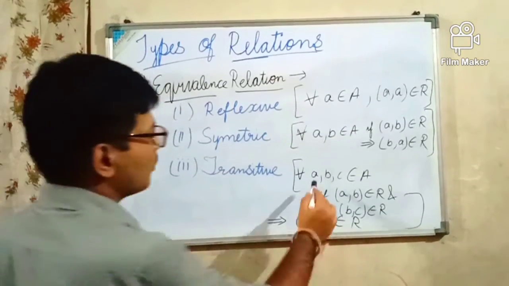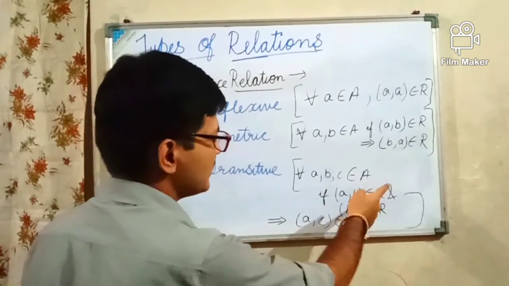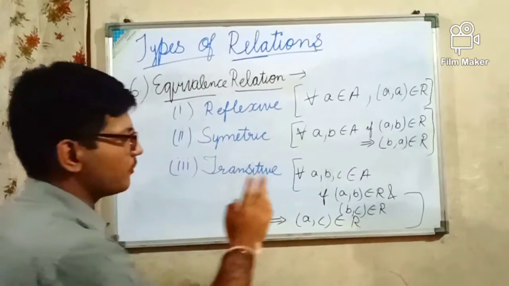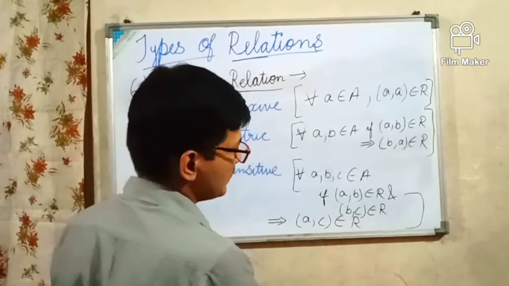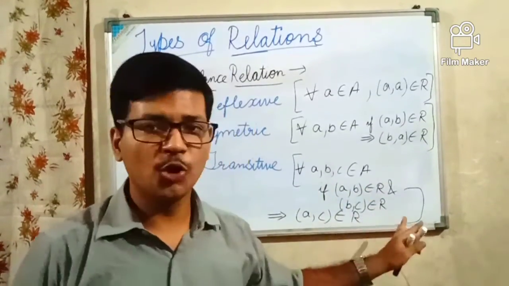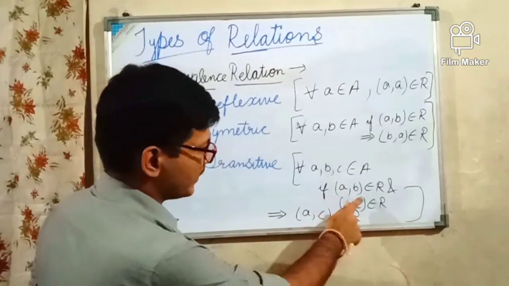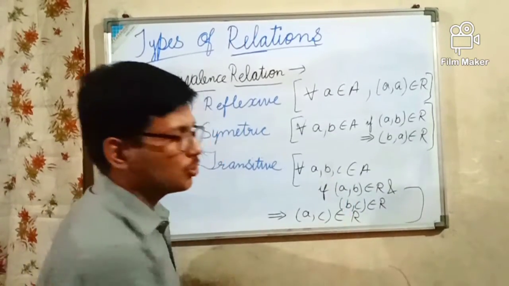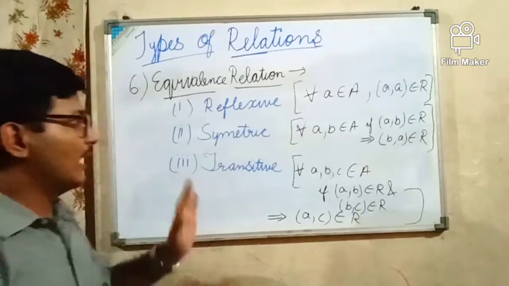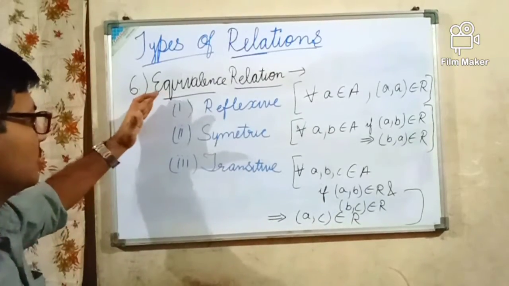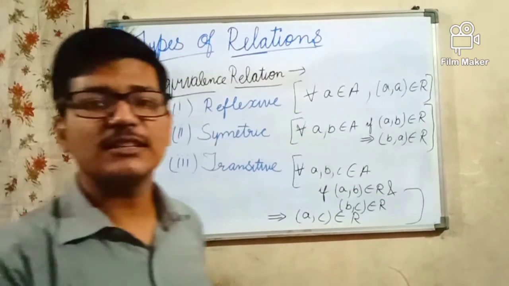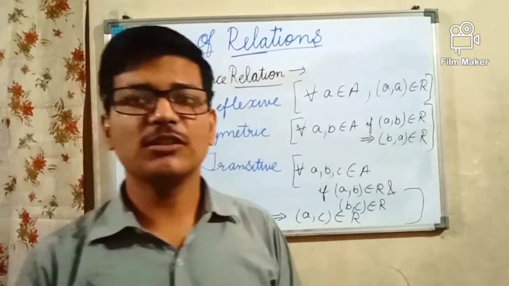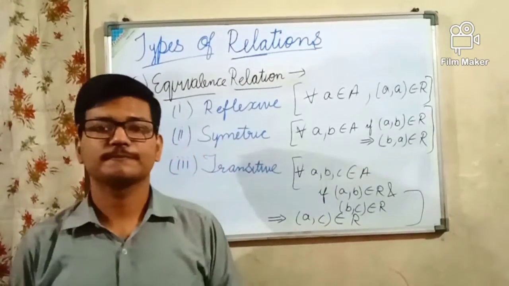Transitive is for 3 elements a, b, c which belong to set A. For these 3 elements, if (a, b) and (b, c) both belong to R, then (a, c) should also belong to set R. Such a relation which is reflexive, symmetric and transitive is known as the equivalence relation.